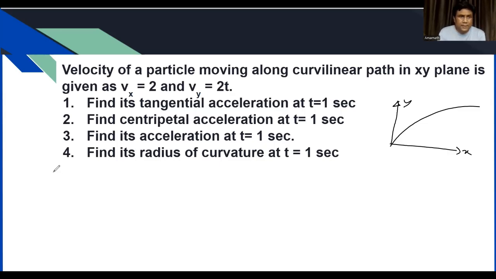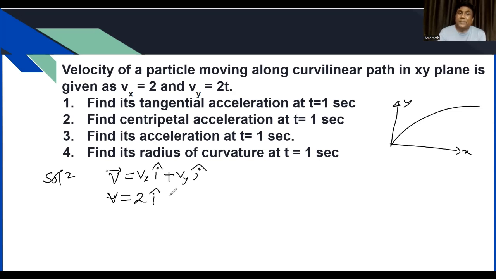So I can write that velocity in general as Vx i cap plus Vy j cap. This is the general formula. Vx is 2. i cap is just direction.